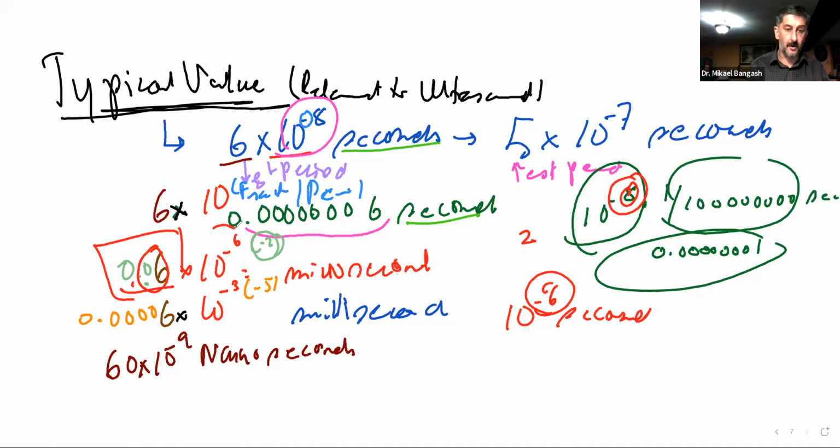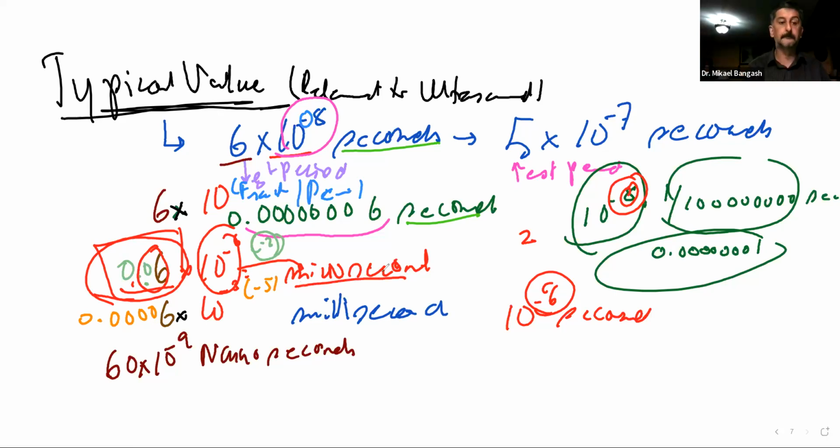This 10 raised to the power -6 here, this number here is going to be the typical value of an ultrasound cycle, or the minimum of an ultrasound cycle's period, in terms of microseconds.